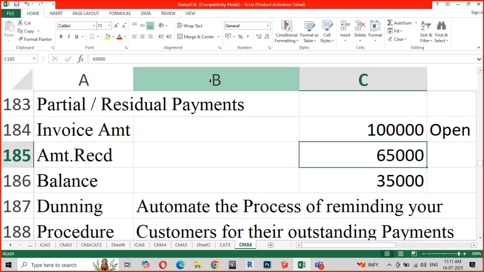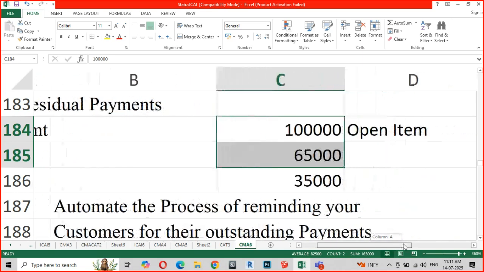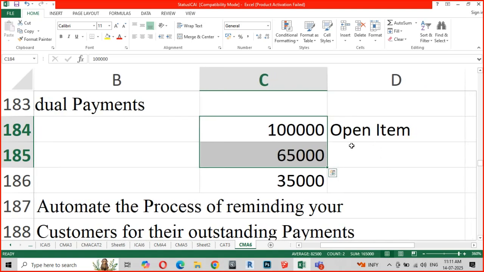In case the end user is using the partial payment method, in your SAP system both these items will be shown. They will be reflected as open items, both, but the balances would have changed.